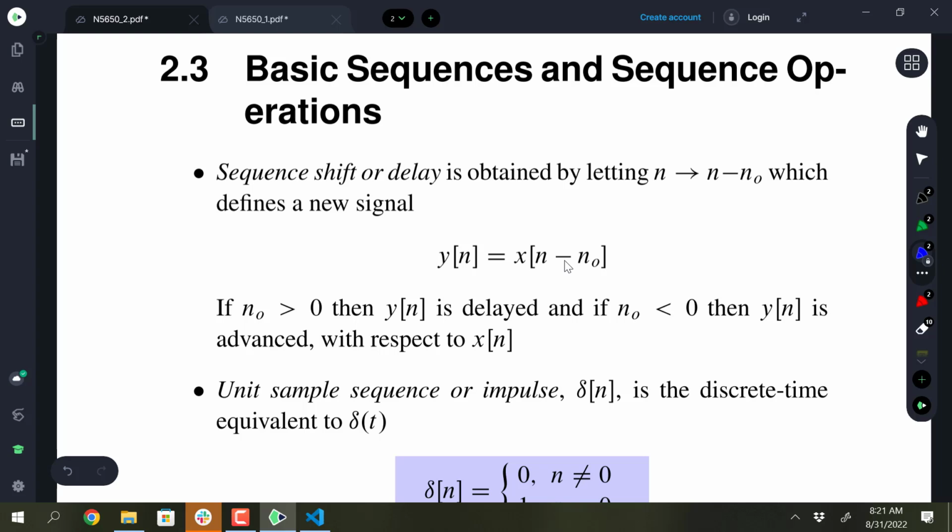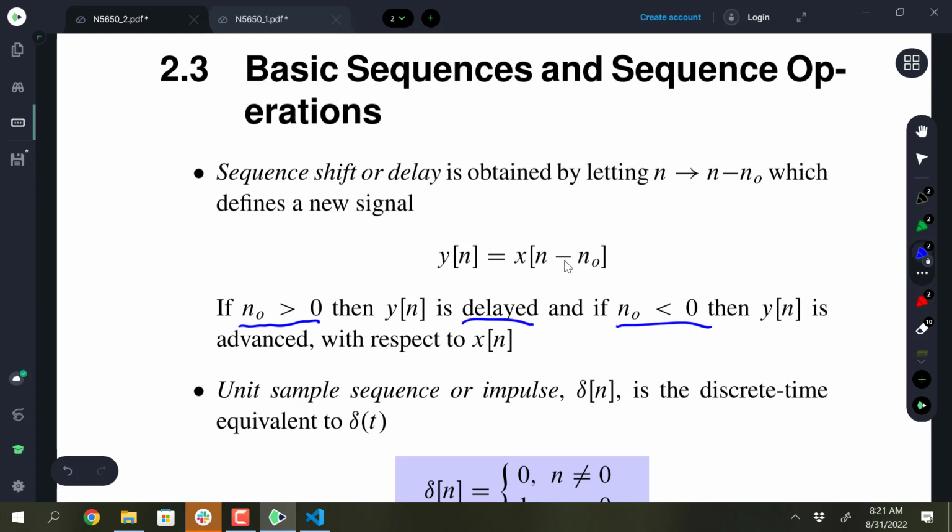Basic signal operations that are used freely are sequence shift or delay. So we replace n by n minus n naught. That defines a new signal, and n naught can be positive or negative. If n naught is positive, then the signal is delayed.